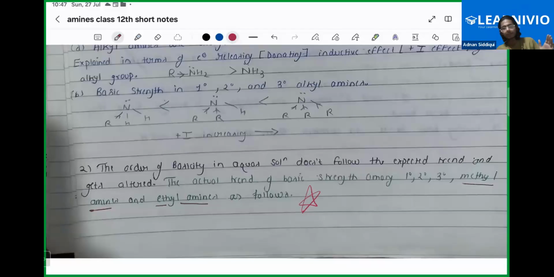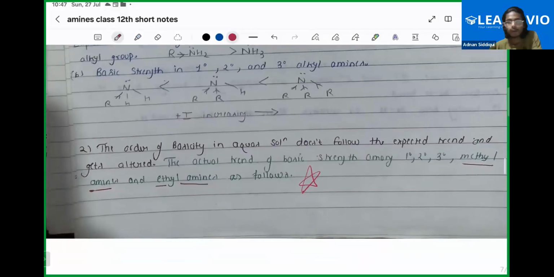Initially, the previous order was observed where the ammonia and amines were in their gaseous state, isolated, not interacting with anything. But now you have transferred them into an aqueous solution, and they are going to observe different types of interaction.